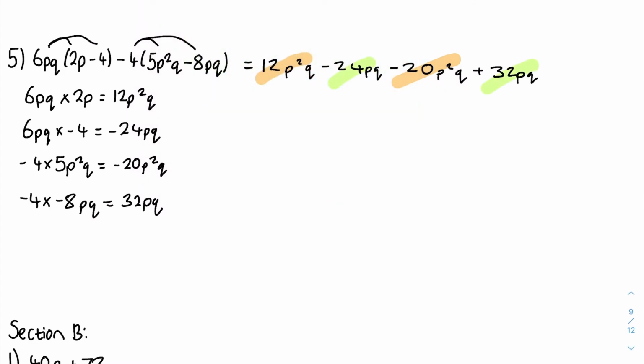So we have 12p squared q minus 20p squared q, which is going to leave us with minus 8p squared q, and then minus 24pq plus 32pq, which is going to leave us with positive 8pq. Okay, so that's that section all finished off.